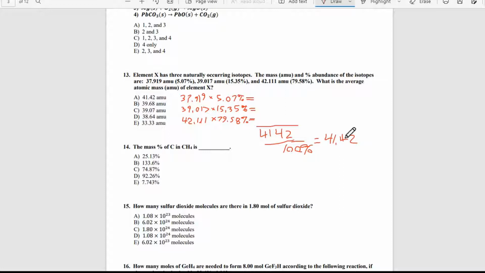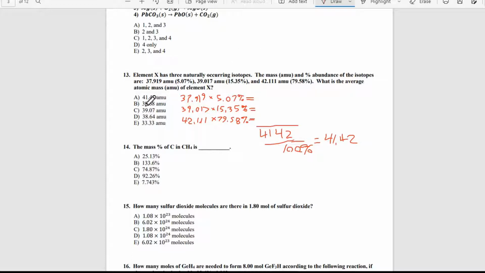Now, in truth, with this one, if you know anything about averages, you could actually not even bother doing any of the calculations. And I'll tell you why. You look at the percentage of the 42.111. Almost 80%, okay? The average is going to be a heck of a lot closer to that number than to any of the others.